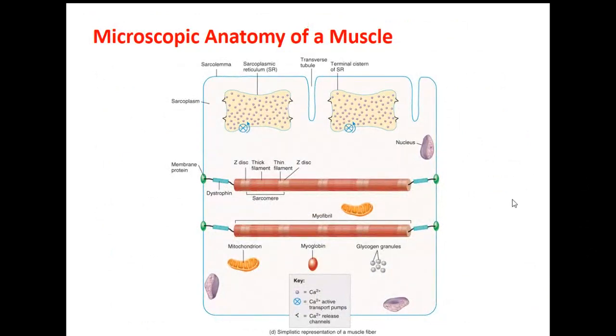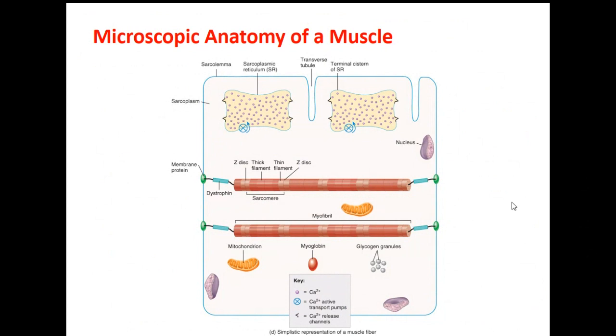Okay, here's a diagram of a muscle fiber. Actually, they're very long like spaghetti, but they're just shown kind of square here, to simplify it.